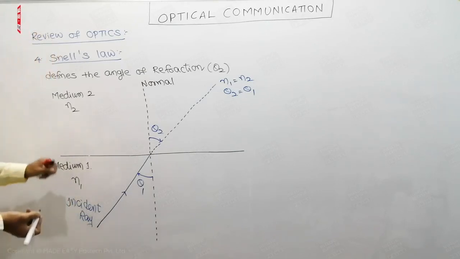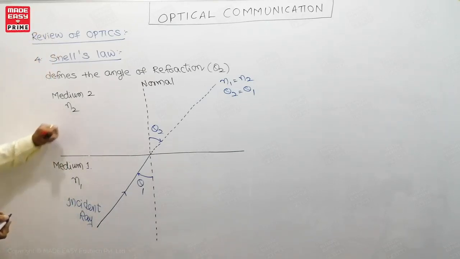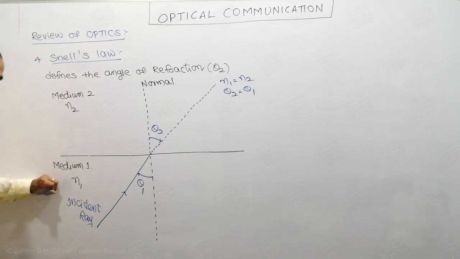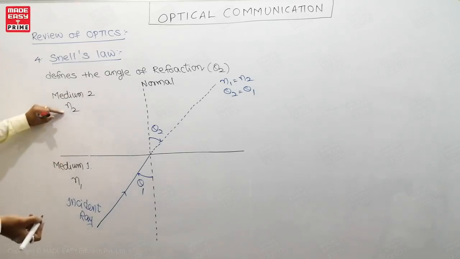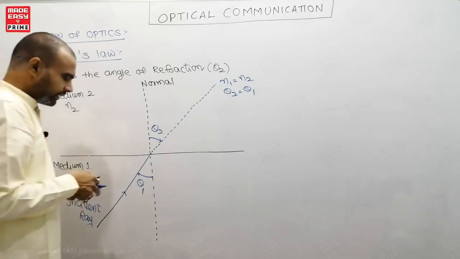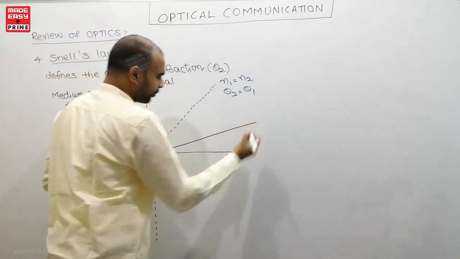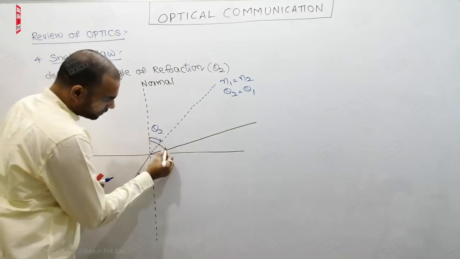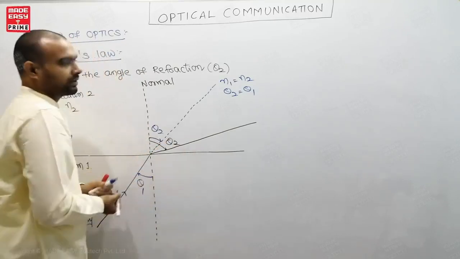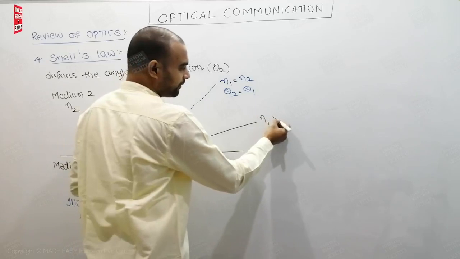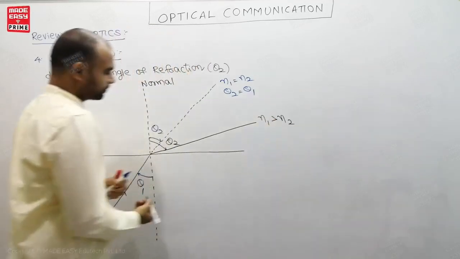But when the two mediums are not the same, and N1 is greater than N2, then the light ray will move away from the normal.